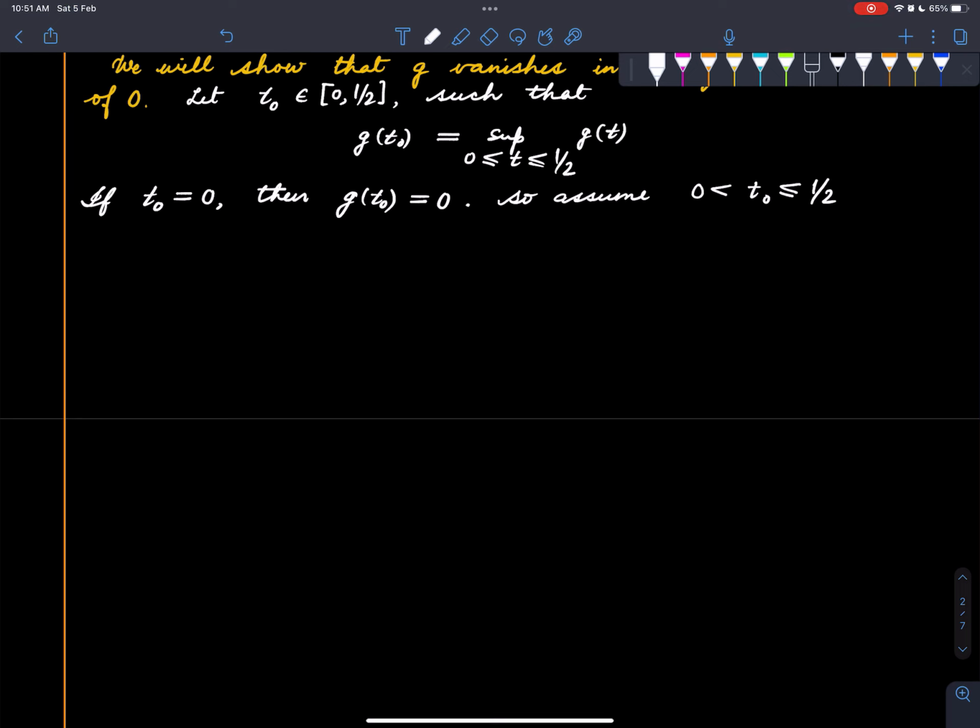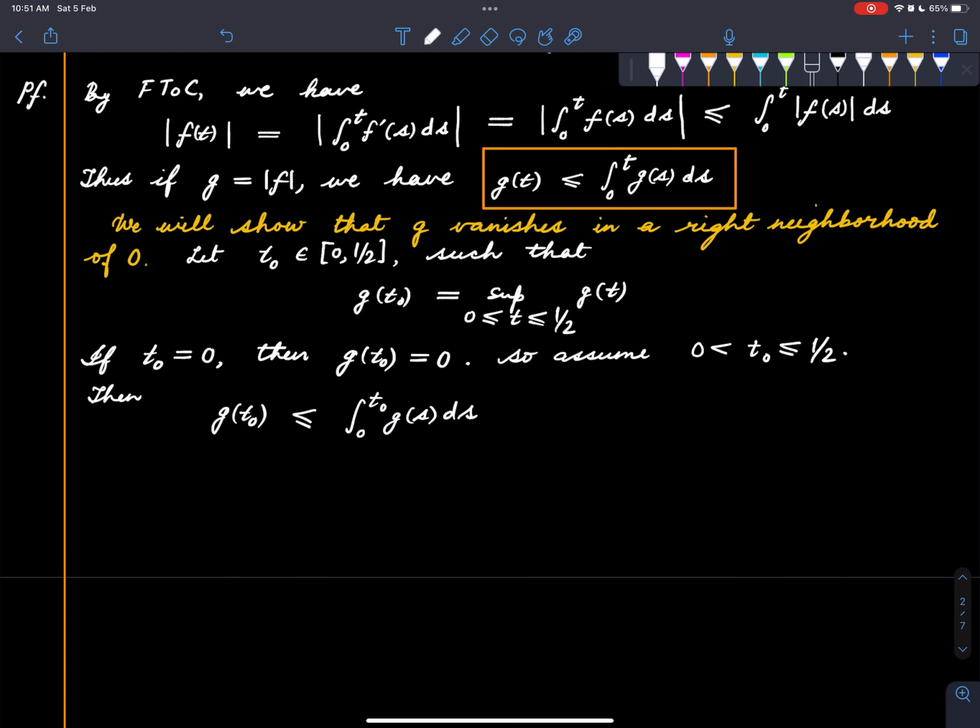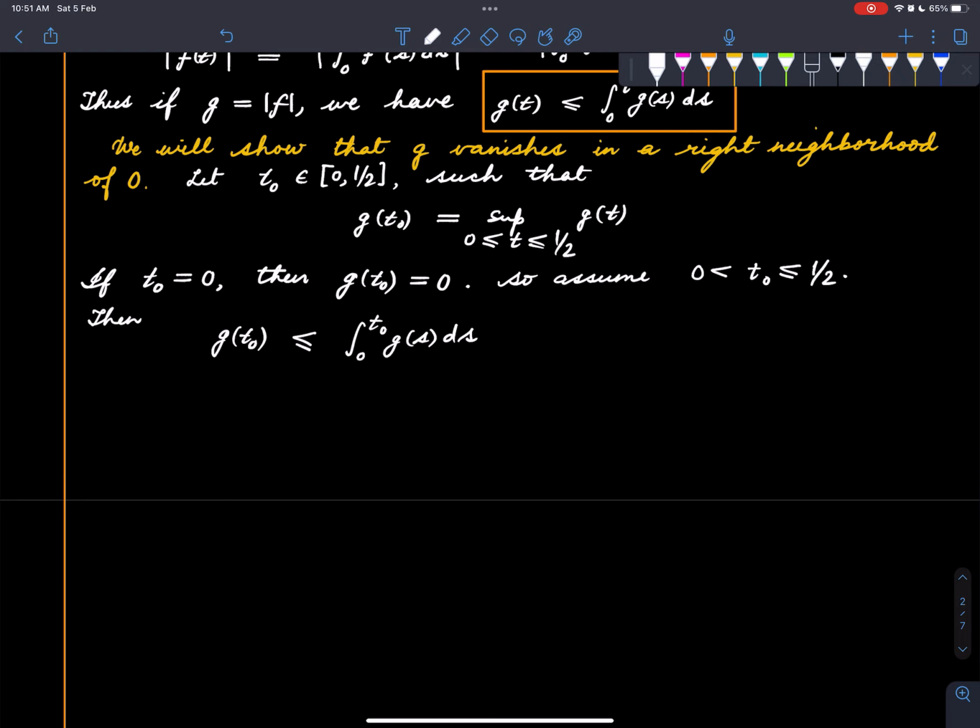Okay. So then g(t₀) is less than or equal to... where is this coming from? This is coming from the orange thing. Which is less than or equal to t₀ g(t₀).